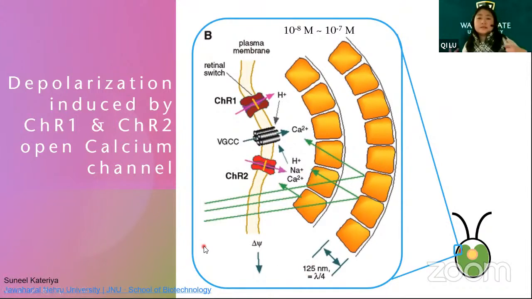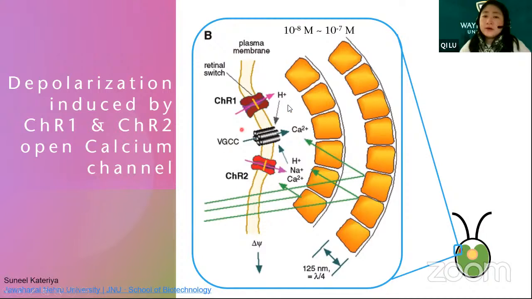And this is a diagram showing that after light shines on the eyespot, it's focused by the orange carotenoid vesicles and focused onto channelrhodopsin 1 or channelrhodopsin 2.